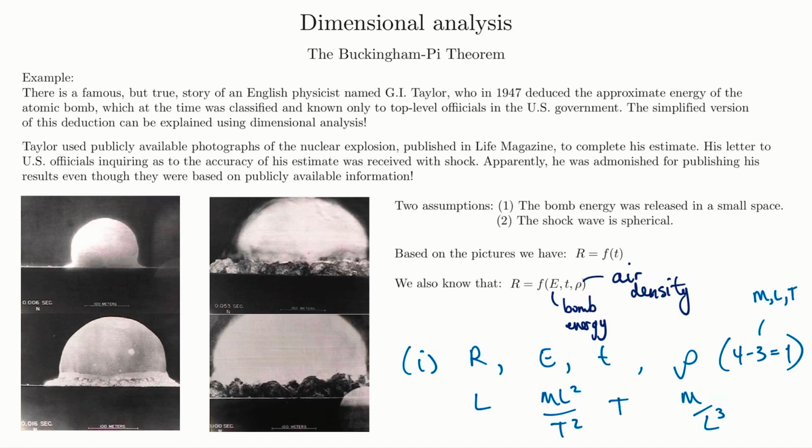So we read out the dimensions corresponding to each of the variables and pick our repeating variables. R is what we are interested in, so we pick E, t, and rho for this one. There's only one dimensionless parameter, so it doesn't matter how you do it in this case.